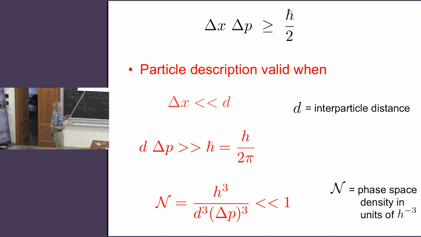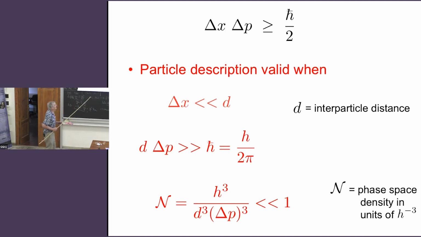The particle description is valid, let's say, if the wave packets are much smaller than the interparticle distance. But because of the uncertainty principle, this puts a limit on the momentum dispersion, right? Since the spatial dispersion has to be small, the momentum dispersion has to be big enough.